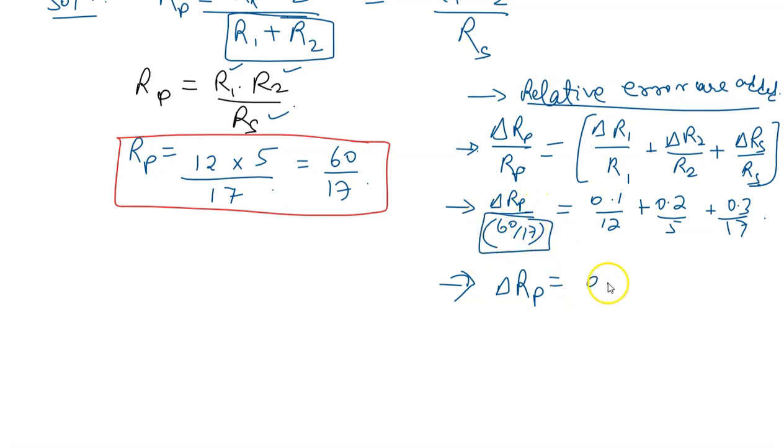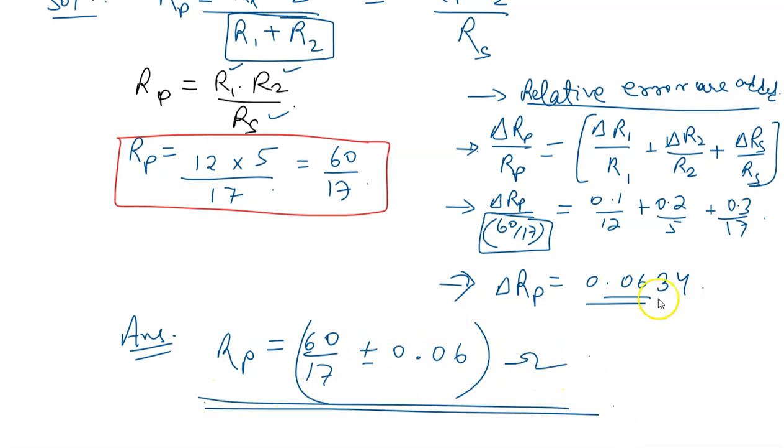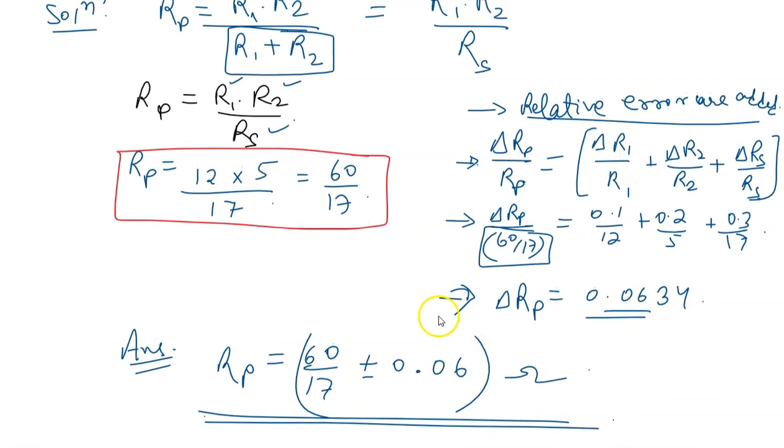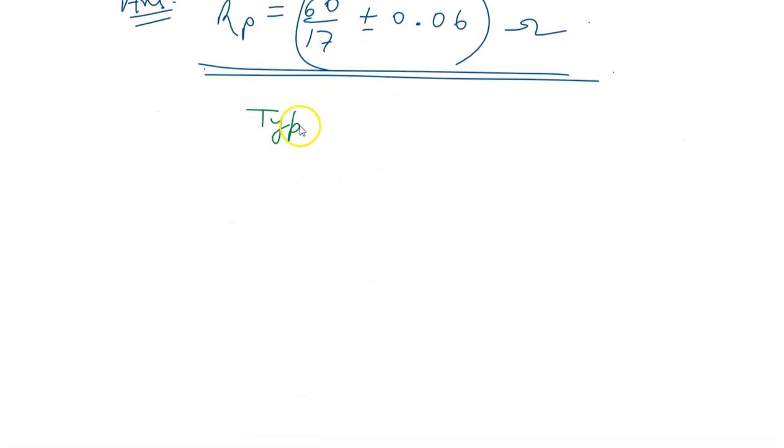So I am getting 0.0634. So what should be our final result? Our answer should be that the value of Rp is 60 by 17 plus minus, let's take it up to 2 decimal places, so 0.06 ohm. So this is our final result for the resistance in parallel, taking into consideration the errors. So now we will see the common types of errors.